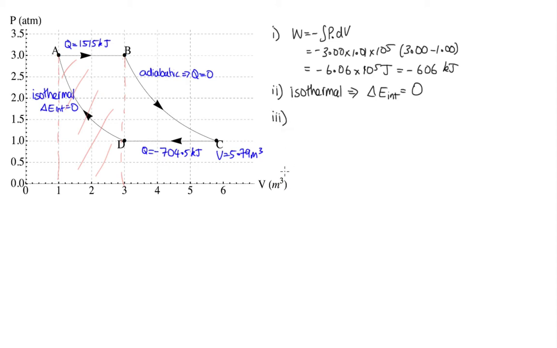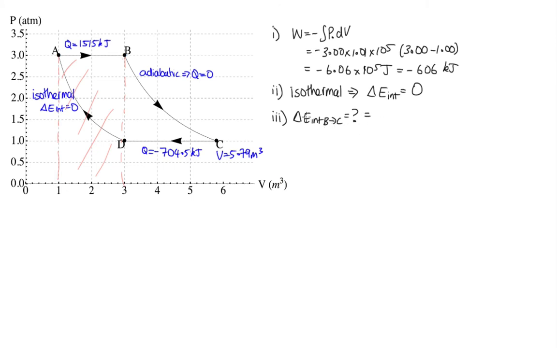Now part 3 asks us what is the change in internal energy as the gas goes from B to C. There's a couple of ways we can do this. Probably the easiest way is to consider the cycle, and we know that the change in internal energy around the cycle is 0.